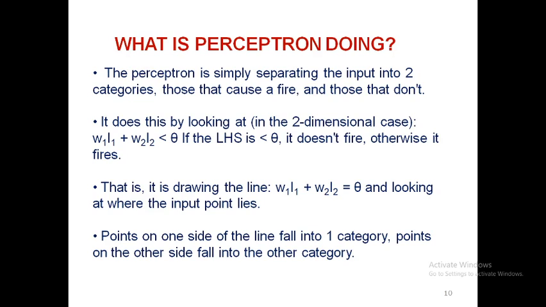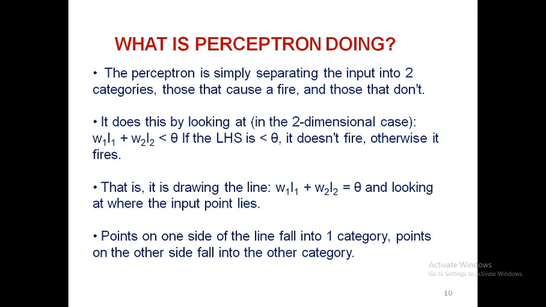Based on the inputs and threshold value, that line is placed on this two-dimensional plane. Points on one side of the line fall into one category and points on the other side fall into the other category, that means less than theta and greater than or equal to theta, right?